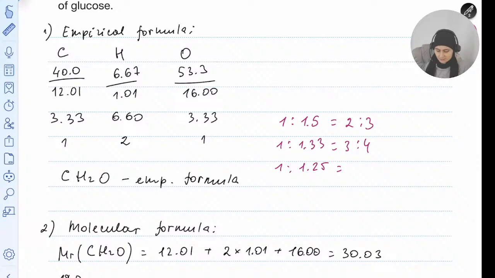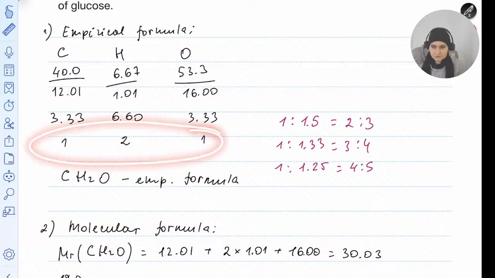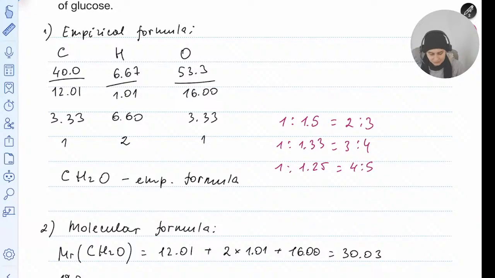By 2 does not work, by 3 does not work, by 4, yeah, 1.25 times 4 is 5. So it's 4 to 5. Okay, so be careful when the numbers are not as good as I got in this question.